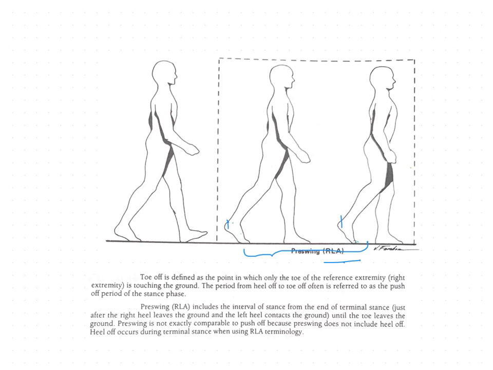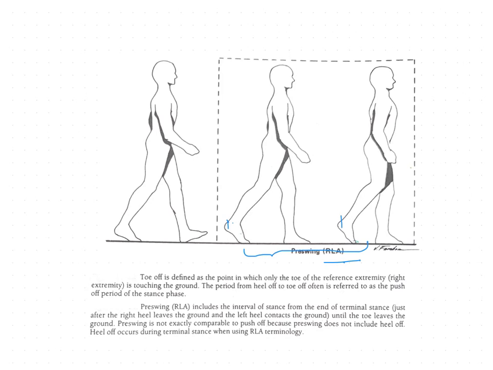So if you see the terminologies, the traditional terminologies and RLA terminologies, the initial contact in RLA and heel strike in the traditional, foot flat in traditional and loading response in RLA, mid stance and mid stance phase.